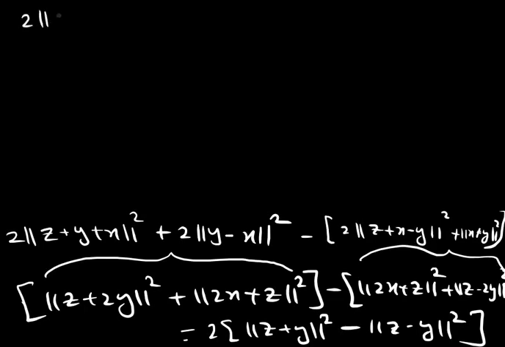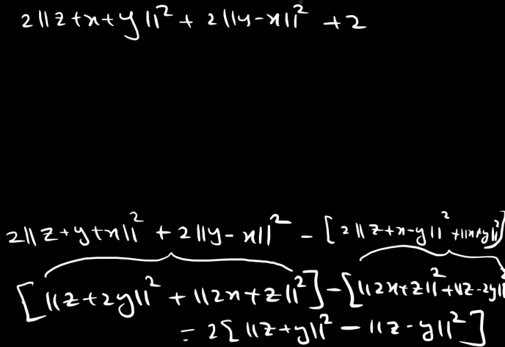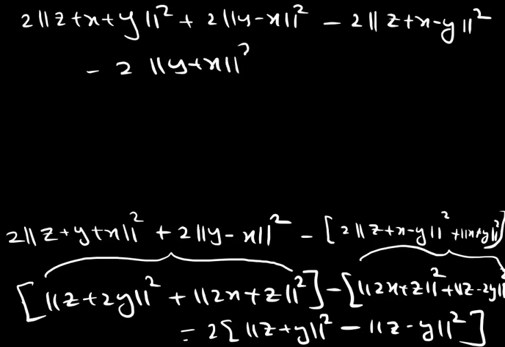2 times norm of z plus x plus y whole square plus 2 times norm of y minus x whole square plus 2 with a minus sign over here, minus 2 times norm of z plus x minus y whole square minus 2 times norm of y plus x whole square.